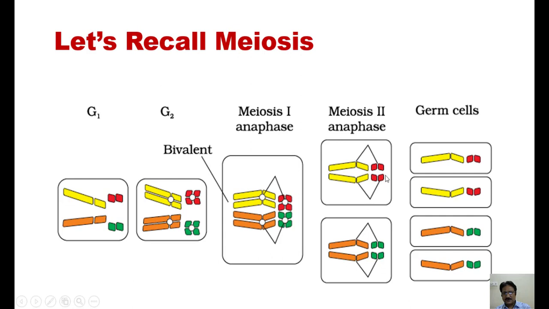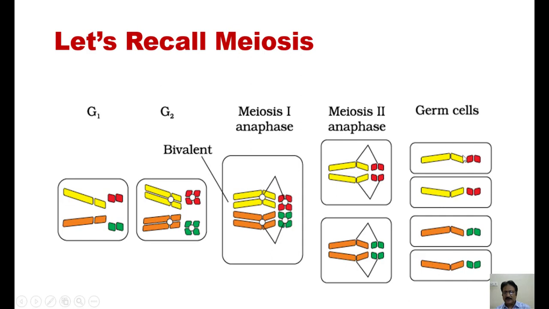Then occurs telophase, which means the cell now divides. So this now becomes two cells like this. This cell now becomes two cells like this. So now ultimately, every cell has two chromosomes, two chromosomes, two chromosomes, and two chromosomes. So the gametes are produced like this.